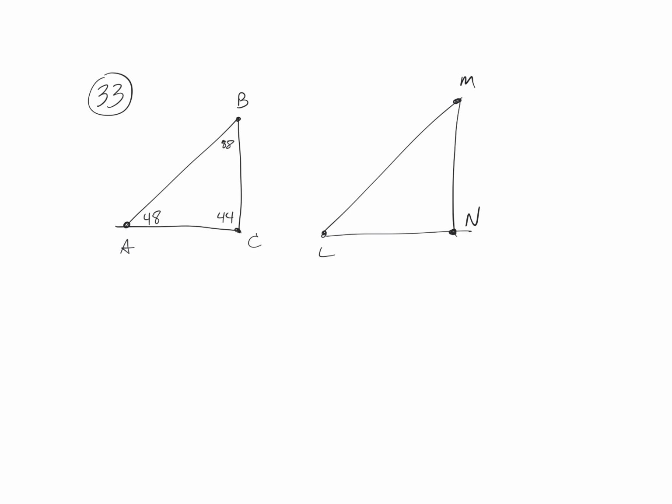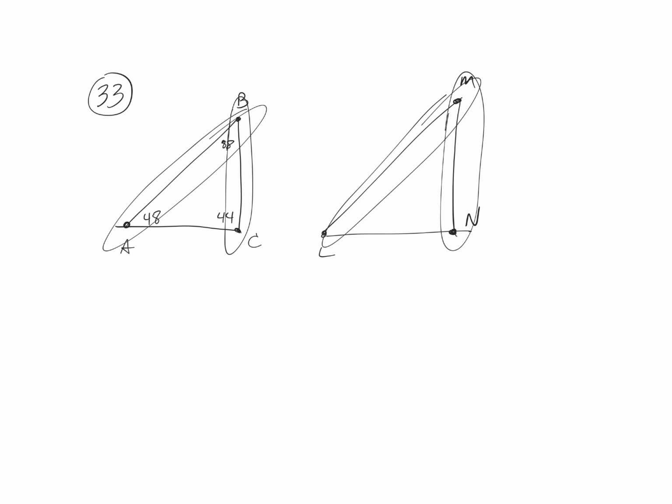And they say LM to AB is equal to MN to BC. So that makes sense. The sides correspond. And that AC, or LN to AC, that they're all equal to 3.